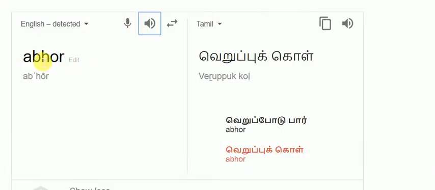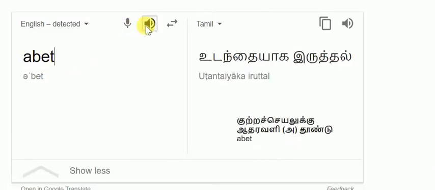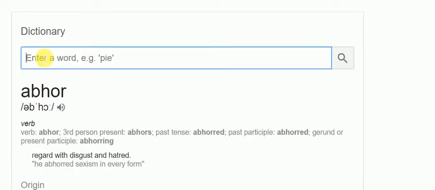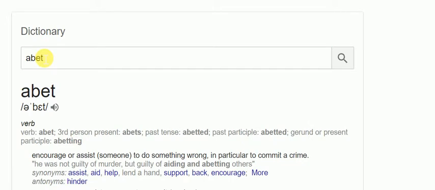Abet. Abet is when you help someone with something wrong, encouraging or assisting someone to do something wrong, particularly committing a crime.